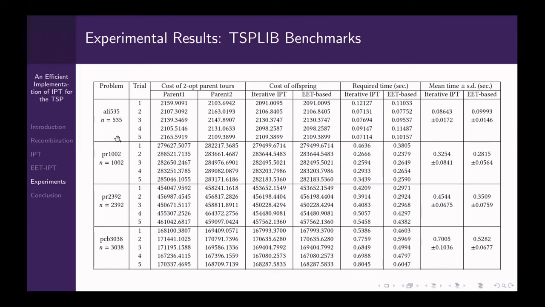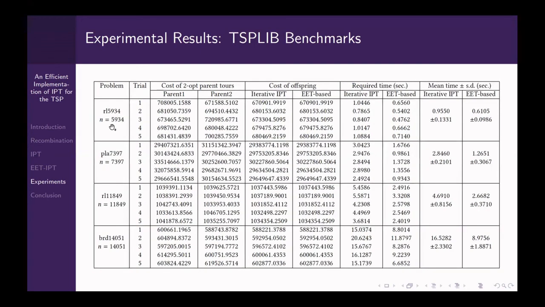So you see that here I have shown 4, and another 4 are shown in this particular slide, that as we increase the size of the problem, the average recombination time over the 5 trials is much lesser when we use the EET-based IPT implementation than the original iterative version of the IPT.